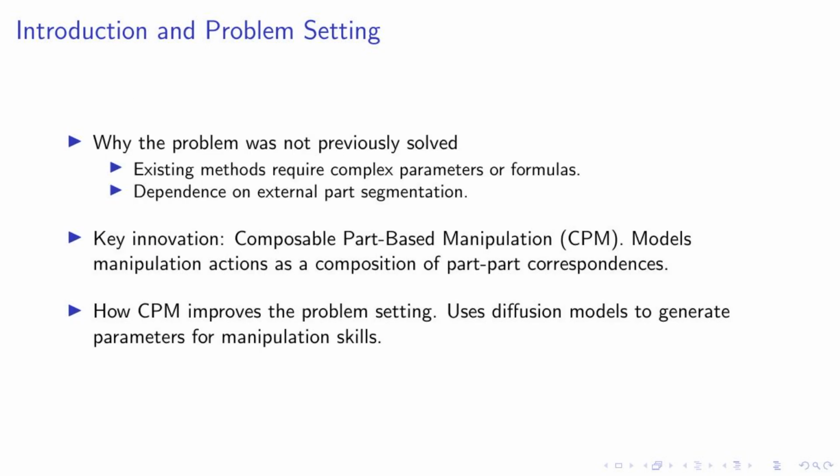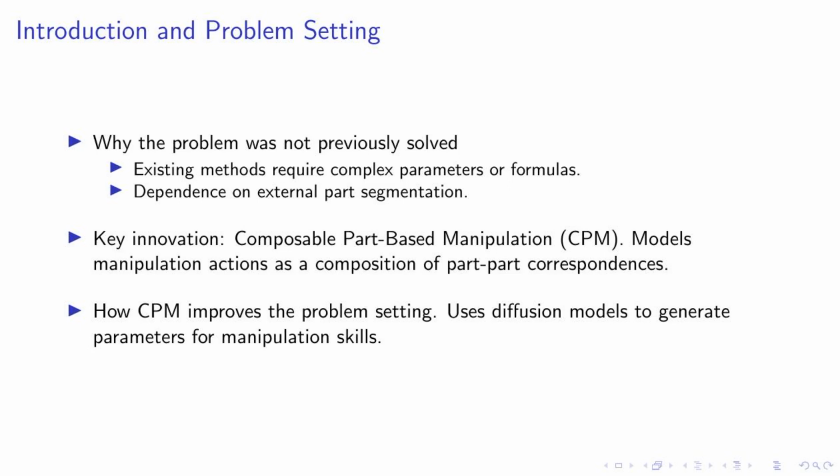Traditional methods for robotic manipulation have been hindered by the need for complex parameters or formulas, and a reliance on external part segmentation. Our key innovation, Composable Part-Based Manipulation, or CPM, addresses these issues. CPM models manipulation actions as a composition of part-part correspondences, simplifying the process significantly.